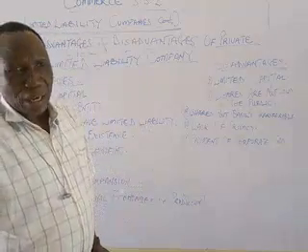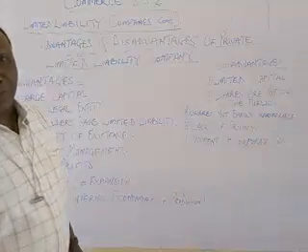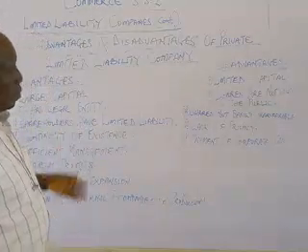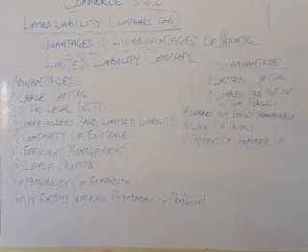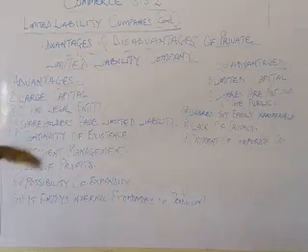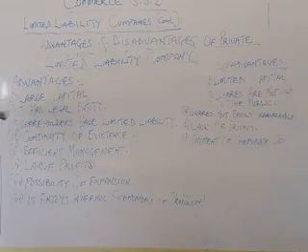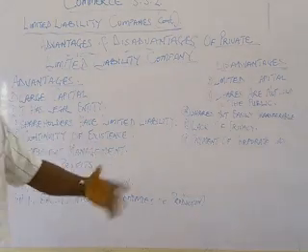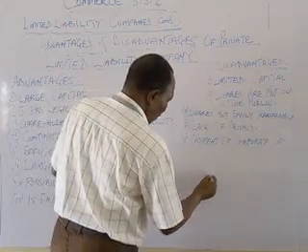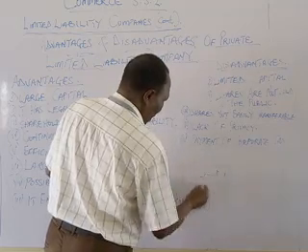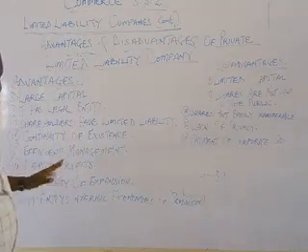You remember we said a private limited liability company consists of between 2 to 50 people coming together to form a company. The advantage is that between 2 to 50 people can come together, harness their resources, and start a business.